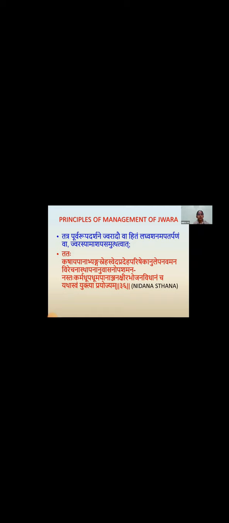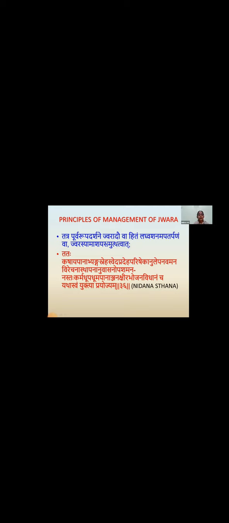Tatra purva rupa darshane jwarado va hitam lagvashanam apatarpanam va jwarasya amashaya samuttatvat. Here we have seen the different types of fever: its dosha avastha, dhatugata avastha, and the samprapti. As we know, Jwara has its origin from the Amashaya as well as the Rasavaha Shroto involvement.